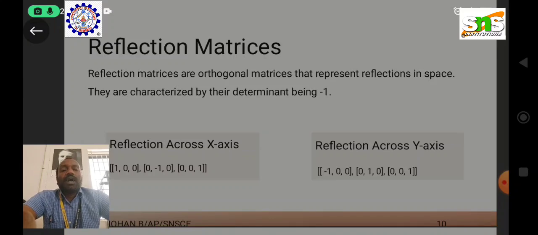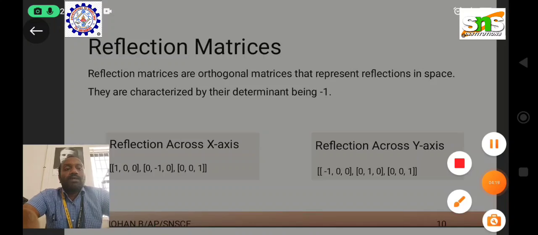They are characterized by their determinant being minus 1. We already discussed in the previous slide that reflection matrices are orthogonal matrices that represent reflections in space. So reflection across the x-axis is 1 0 0, 0 minus 1 0, 0 0 1, and reflection across the y-axis is minus 1 0 0, 0 1 0, 0 0 1.